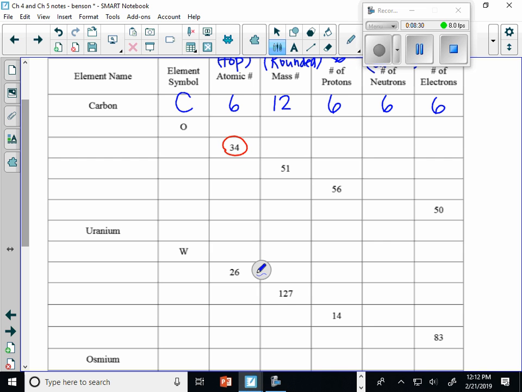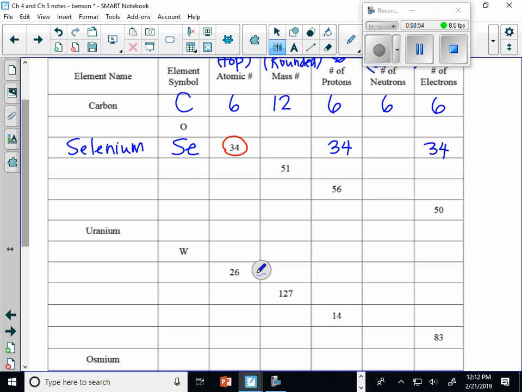So we'll go ahead and write down the name. And the symbol here is Se, and its atomic number is 34. So if I know I have 34, I have 34 protons, and I have 34 electrons. Then I'm going to take a look at the mass number of selenium, and I can see that it's 78.96.